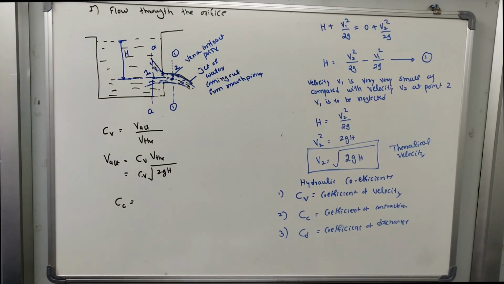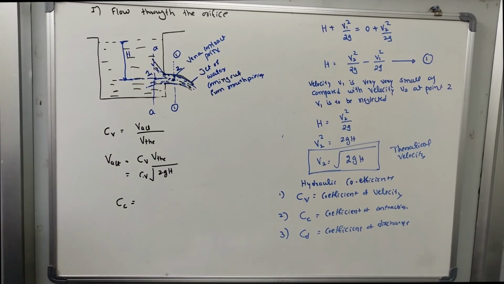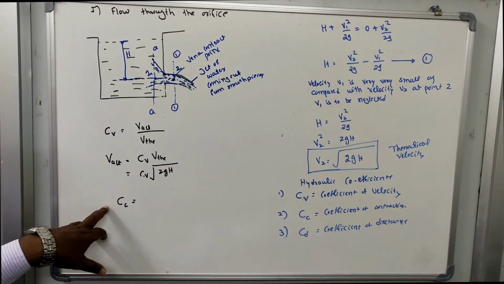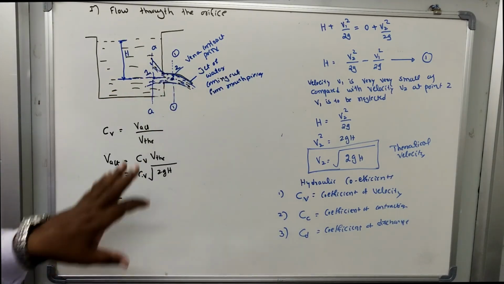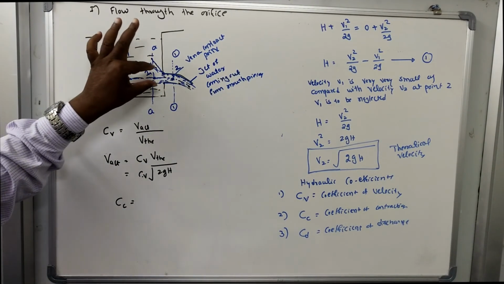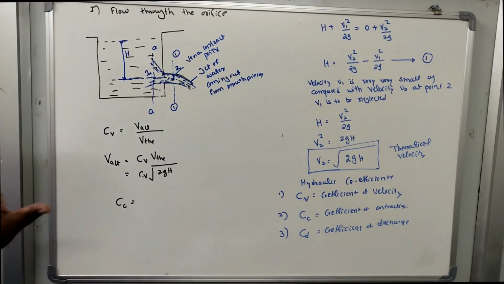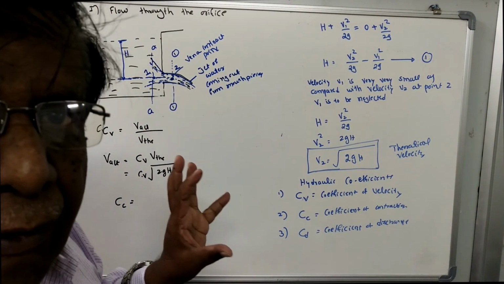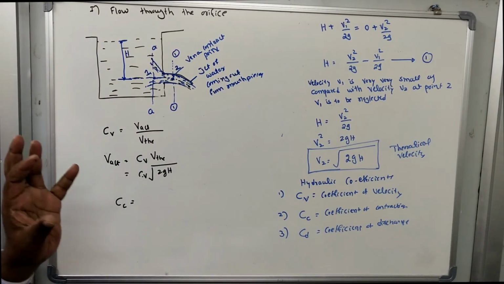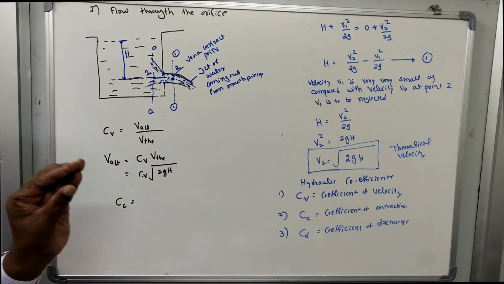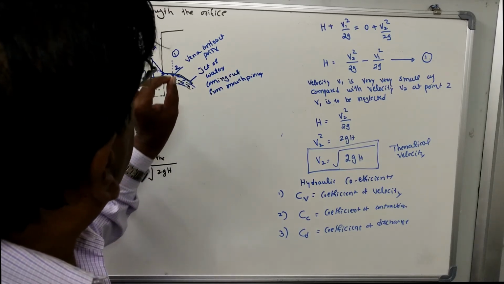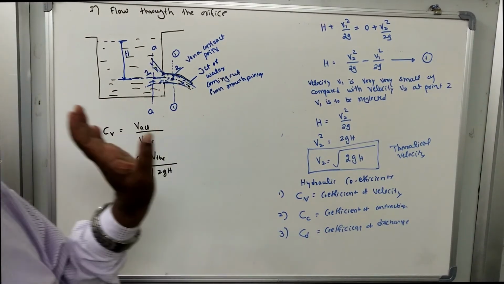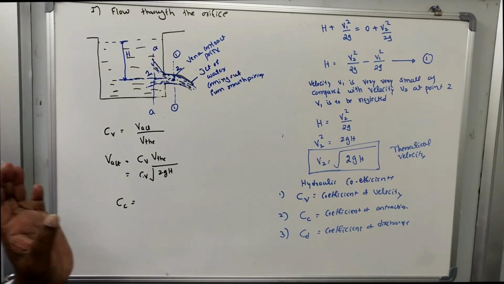It is defined as the cross-sectional area of the vena contracta divided by the cross-sectional area of the orifice. CC, the coefficient of contraction, is the ratio of area of vena contracta divided by the actual area of the orifice.